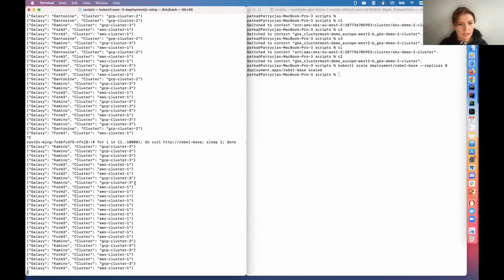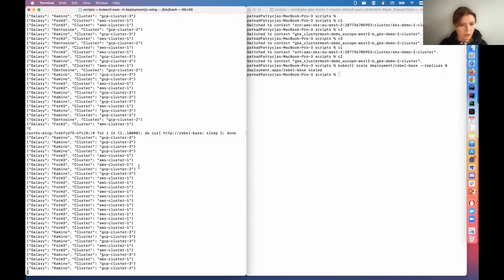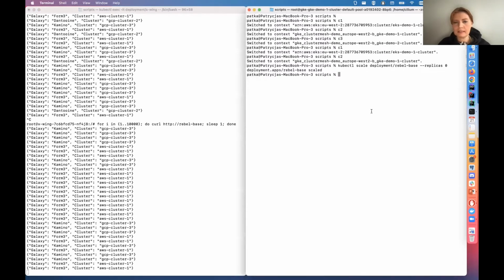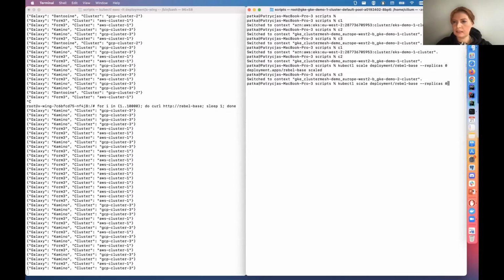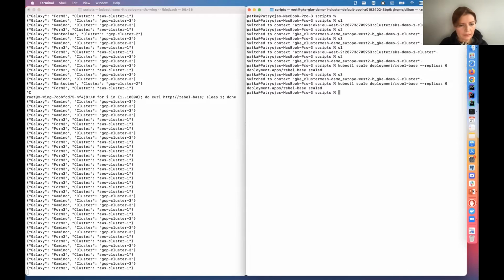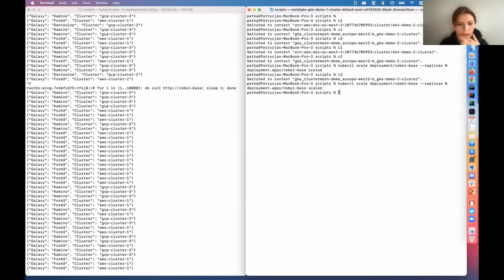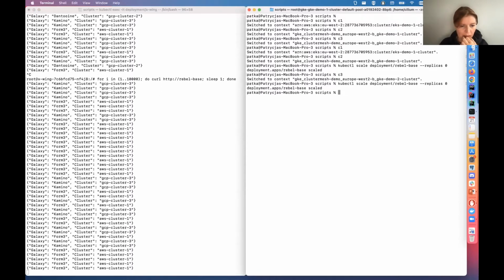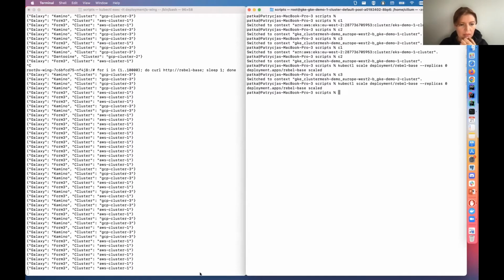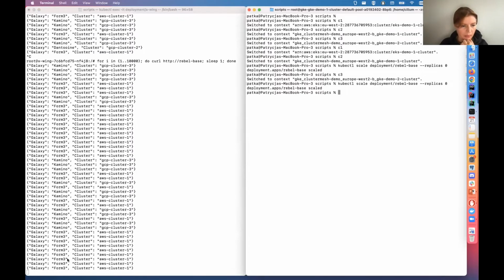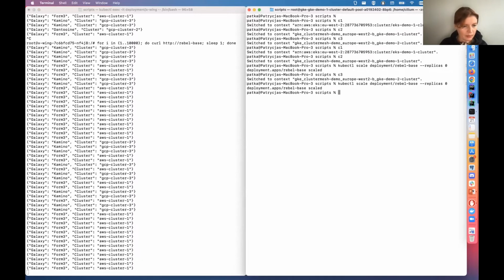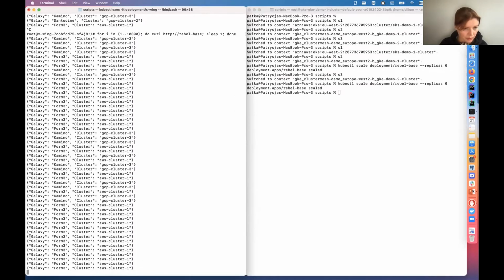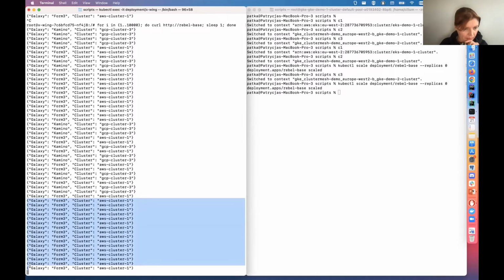So yes, we see only the responses from 2 clusters now, and let's switch to our third cluster and scale it down as well. So the last cluster has been scaled down, and now we see only the responses from our AWS cluster, and now Form 3 rules the galaxy.